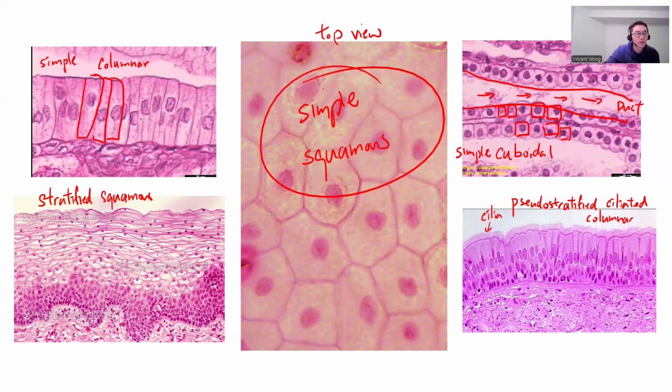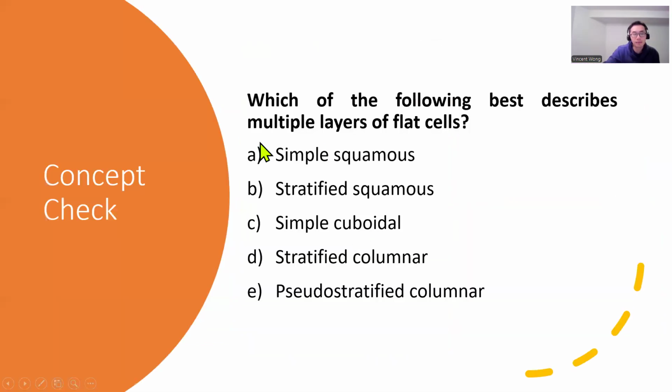Okay, so I'm just gonna go through a few questions with you, and then we'll be done. Based on everything I told you, are you able to answer these? If you are, then you should be okay for this portion of the test. Which of the following best describes multiple layers of flat cells? Just choose the right answer.